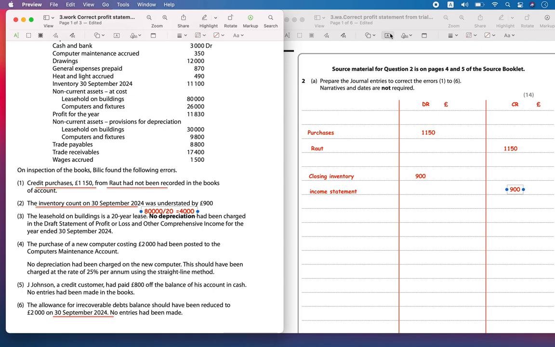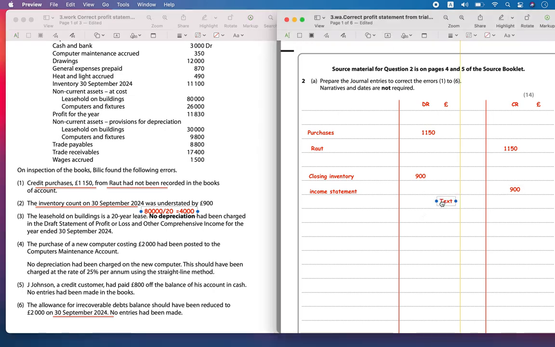So the two accounts that are going to get affected are the depreciation account and the provision for depreciation account. We have to include this provision of 4,000, so it is going to increase, and the depreciation we will transfer to the income statement as an expense, debit.